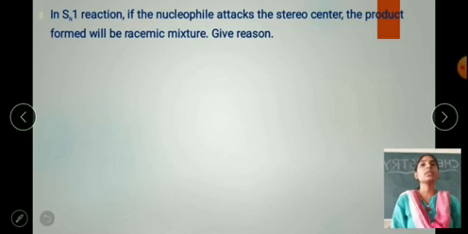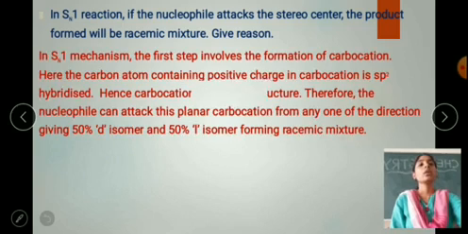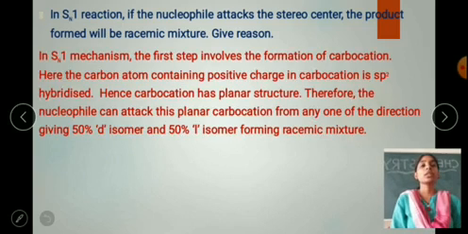So, what happens in the first step? There will be a formation of the carbocation. In the SN1 mechanism, the first step involves the formation of a carbocation.